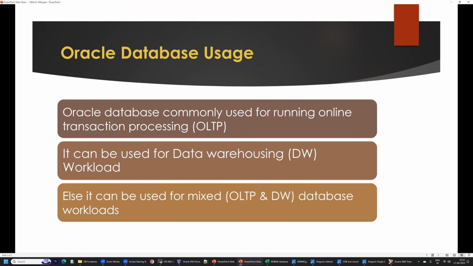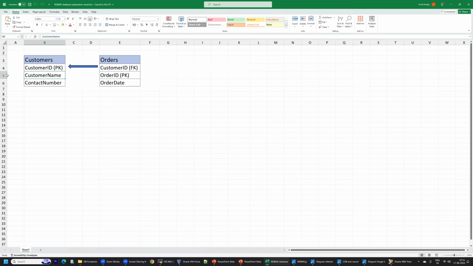Suppose we are talking about a table in an online transaction processing system. When we do a transaction, we are creating an order ID. Let's say one customer has logged into the portal and is making a transaction. Once he makes the transaction, an order ID gets created.